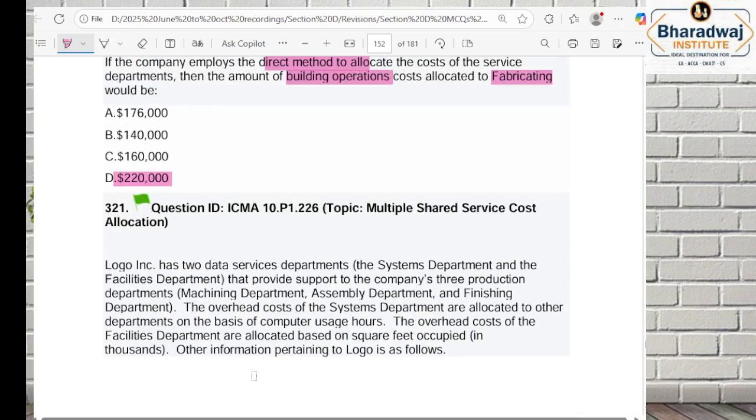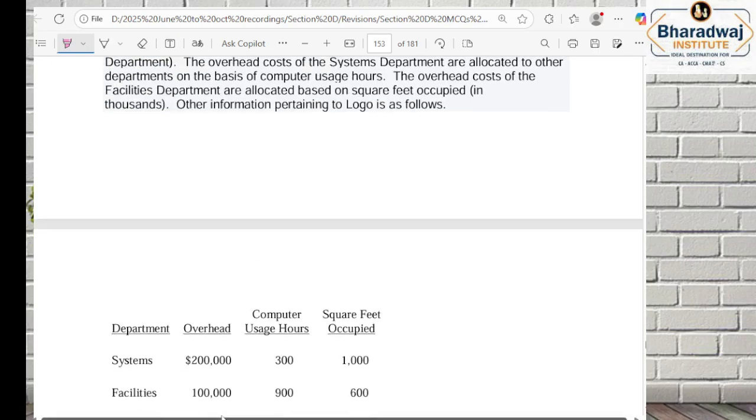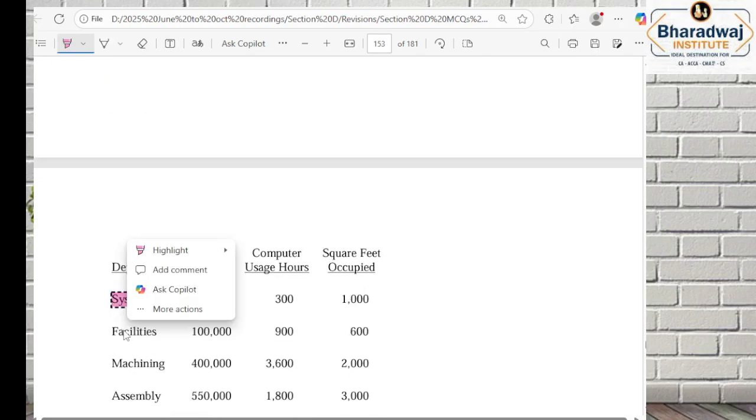Read this question. So two service departments, systems and facilities.